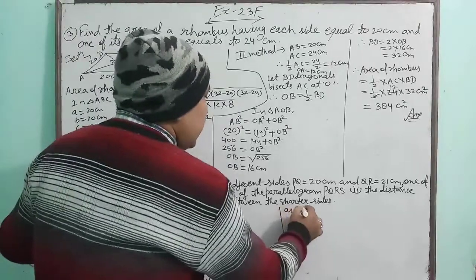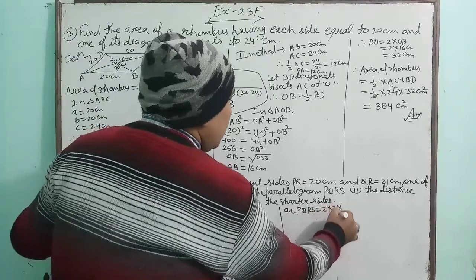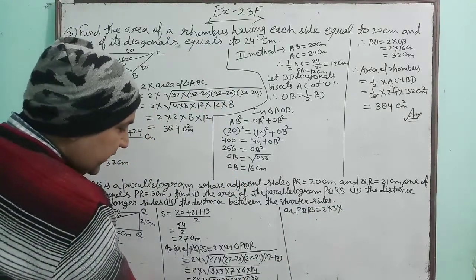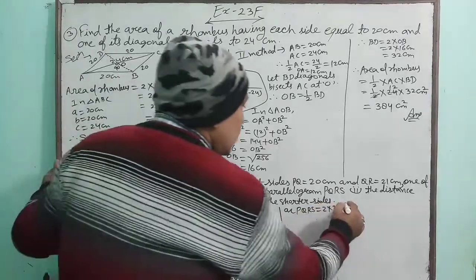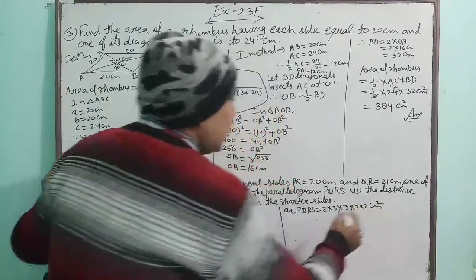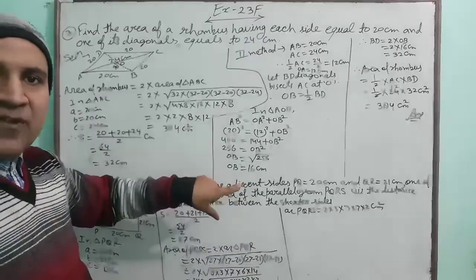That means area of PQRS is equal to, see here, 2 into 3. From inside the bracket, pair of 3, pair of 7, pair of 2. That means 3, 7 and 2 will come out. From every pair one number is taken out from the square root.